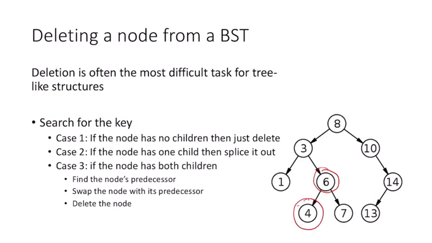So I can just swap the 4 into that place, and then delete the 6. So why am I guaranteed that the 4 is not going to have any children? Well, we just said, how do you find the predecessor? It's the maximum of the left subtree, and a maximum element is at most going to have one child. So it's pretty easy to splice in.